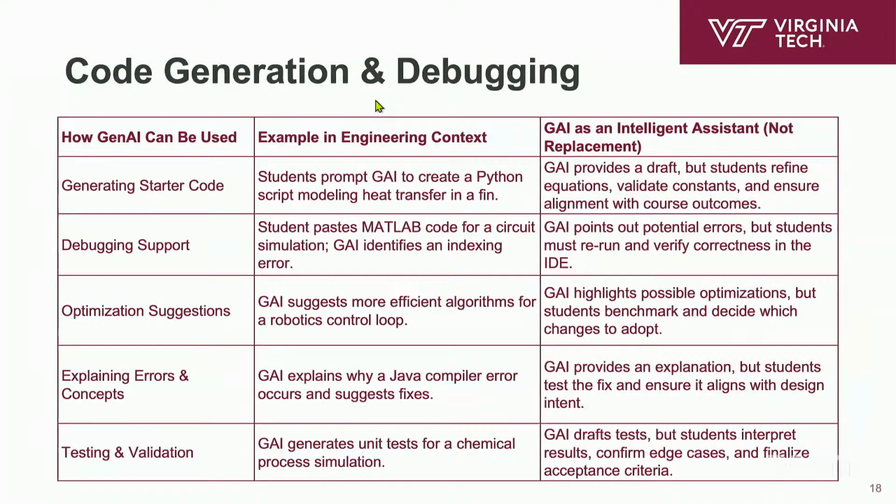Code generation and debugging is also a really big area. There are a lot of tools that are literally just for coding, a lot of plugins for things like Python and RStudio. These are all different areas where those tools can be used. I think my personal favorite is just explaining errors, and that's probably the most useful to students as well, because even when you prompt these tools to give you code, almost always there's going to be a bug.